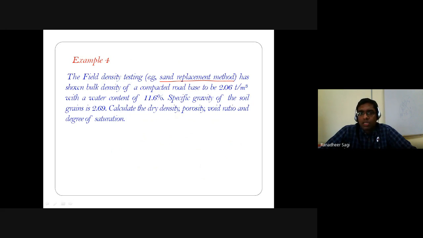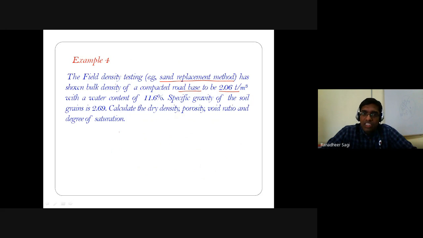It is something from a sand replacement method, when the soil is compacted, where that particular soil or aggregate is used for the purpose of base course in the construction of the pavement. The corresponding density of that base course is 2.06 tons per meter cube.